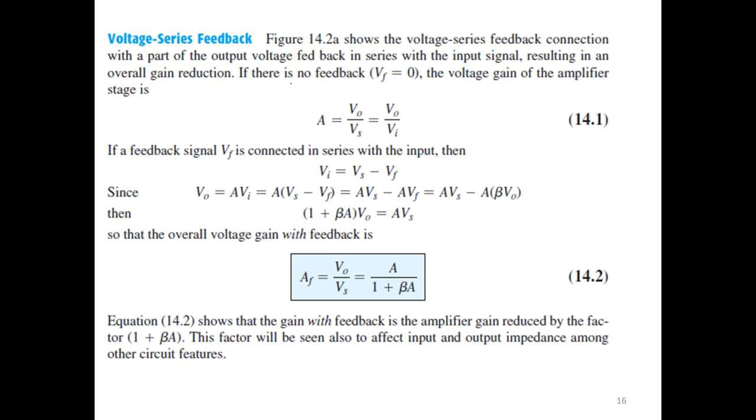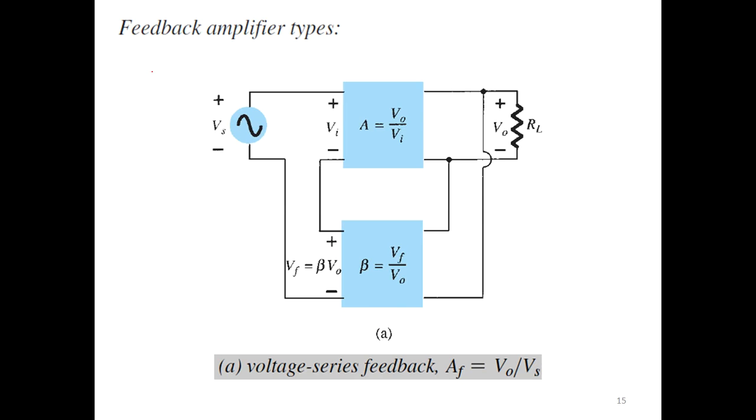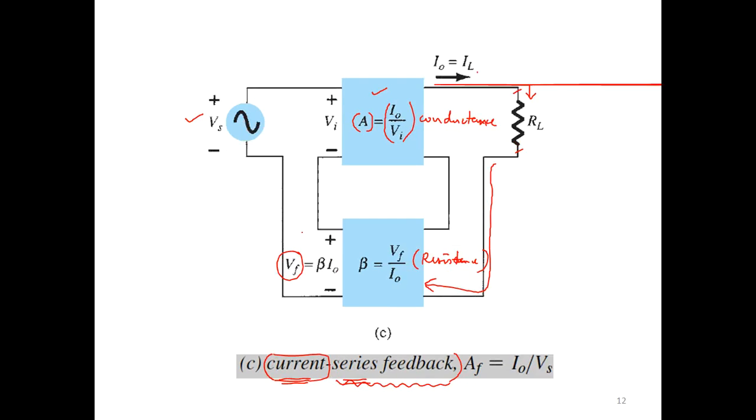Fine. So maybe in the next class we'll focus on how to obtain the expression in terms of gain with feedback. That's the overall expression. We'll be focusing on these mathematical steps in our next class. So I think we'll stop here.